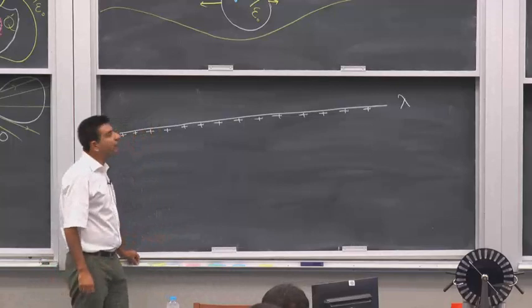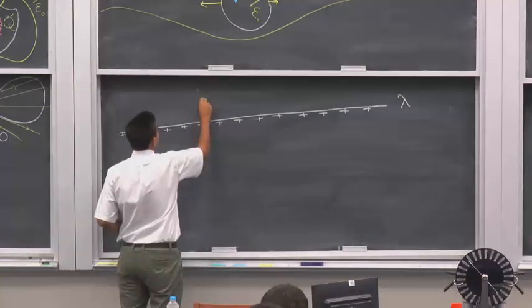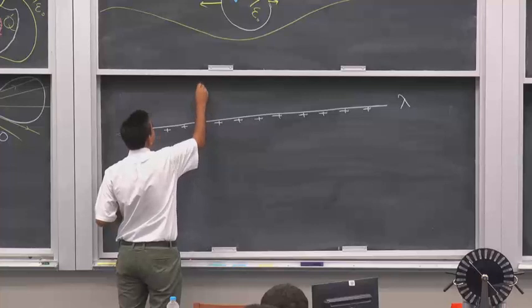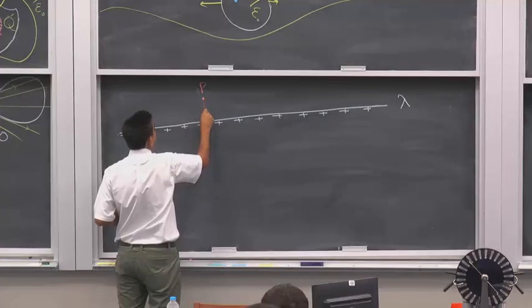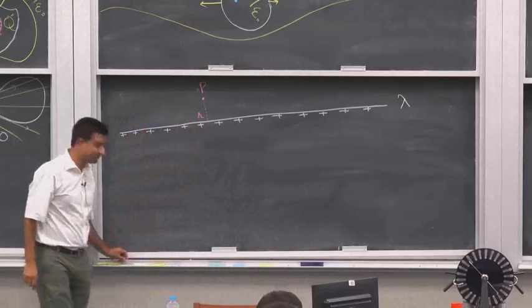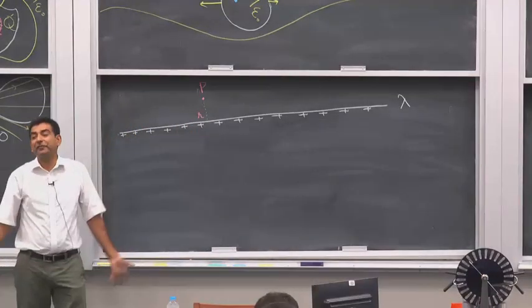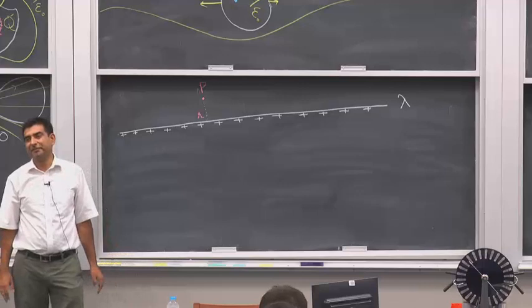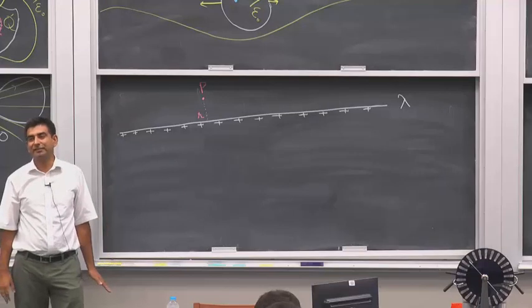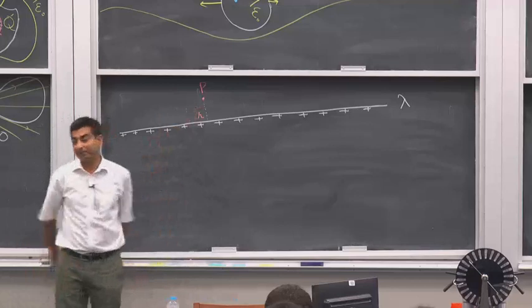Now what we would like to do, I've taken a point P that is at a normal distance r from this line charge, and I would like to find the electric field due to this line of charge at point P.